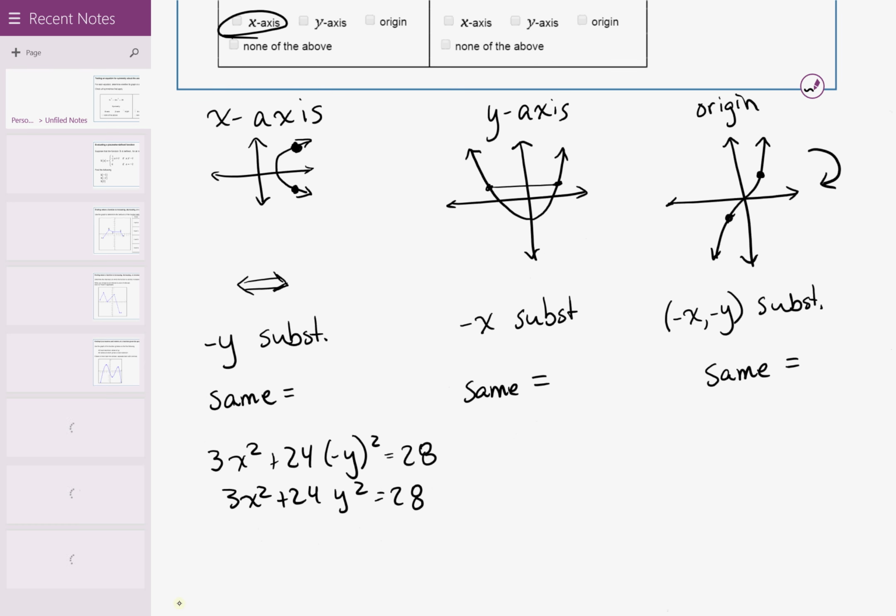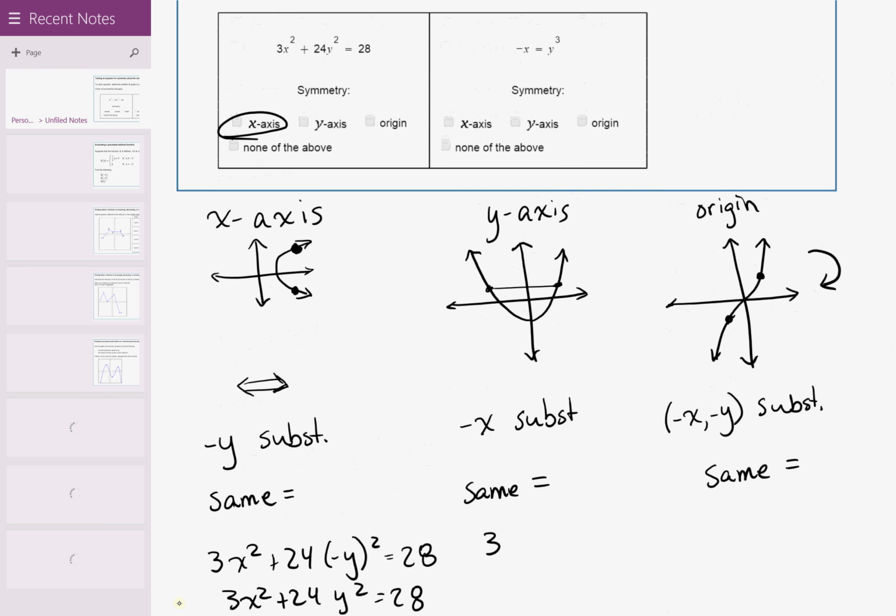And if I put negative x in, I get 3 times negative x squared plus 24 times y squared is equal to 28. And that's the same thing as 3x squared plus 24y squared is equal to 28.